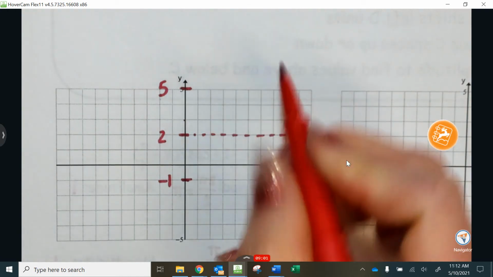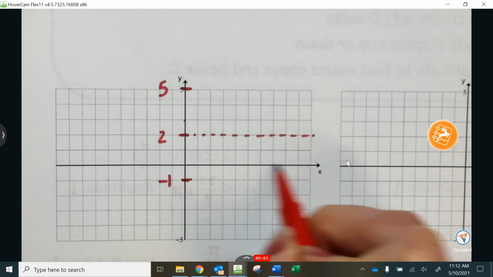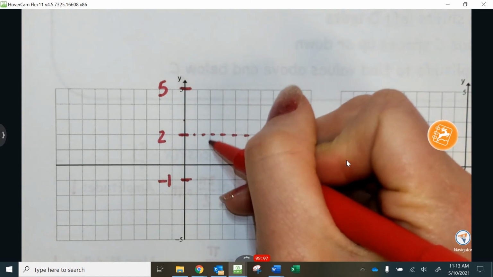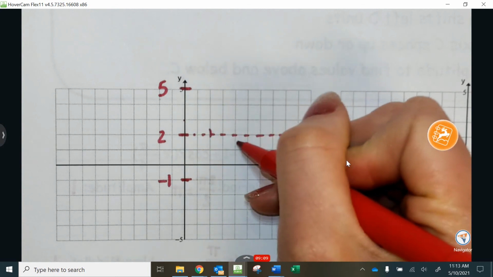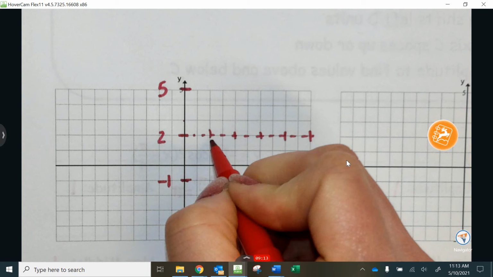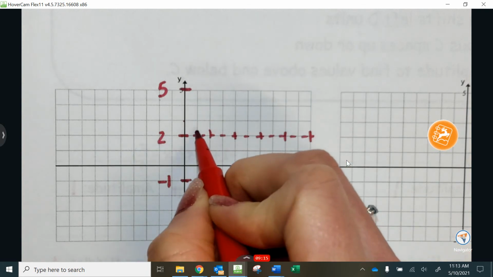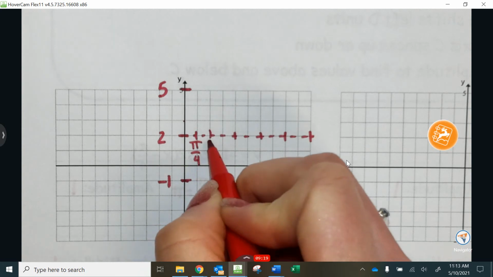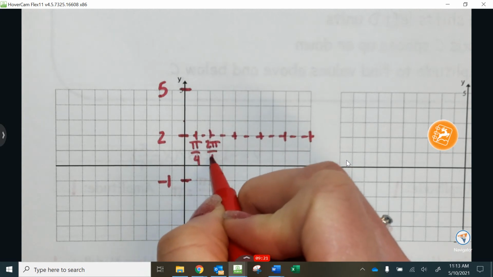Now you can count on here or you can count here, it does not matter. I need to go in between. So this is pi over 4 and 2 pi over 4.